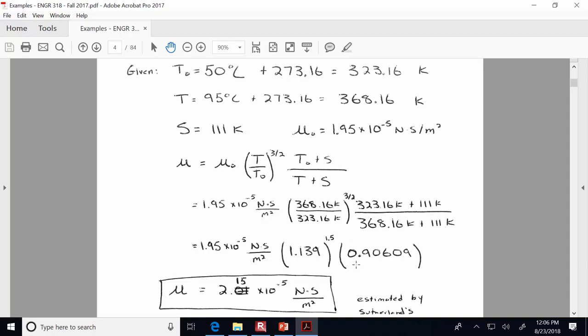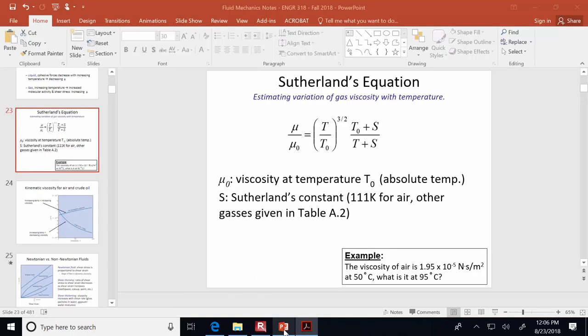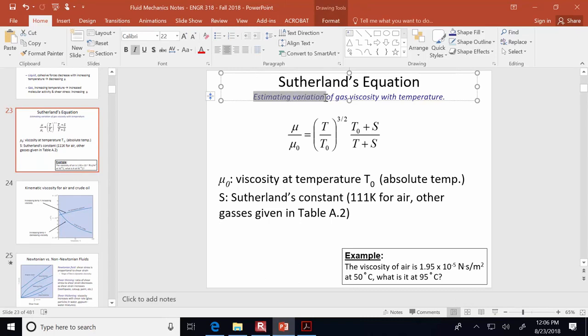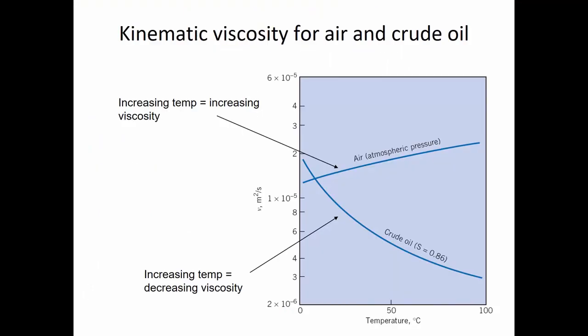Any questions about this example using Sutherland's equation? Sutherland's equation is used because gas viscosity varies as a function of temperature. Let's look at that temperature variation. What we already know is that oil becomes less viscous as it heats up.